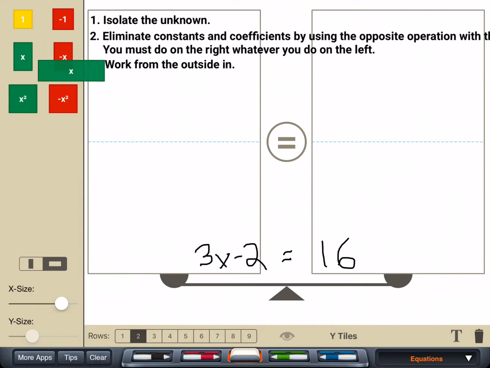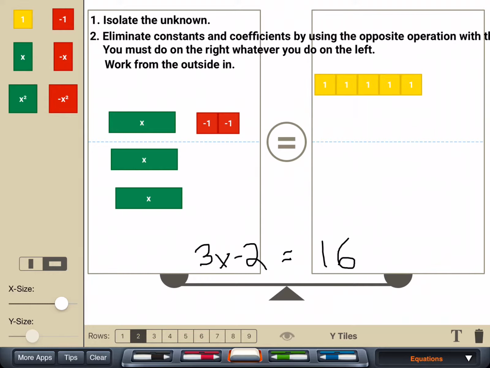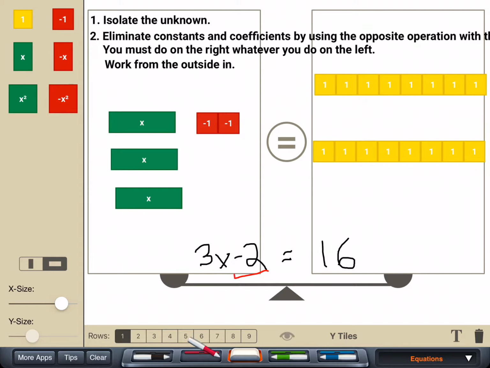Here we go. So 3x, 1, 2, 3, and we're subtracting 2, so I'm going to have 2 negatives. And on this side, I'm going to have 16, 1, 2, 3, 4, 5, 6, 7, 8, and I'm just going to double that. Now I have 16, okay? So, now here we go. We want to get rid of this negative 2 first, okay?